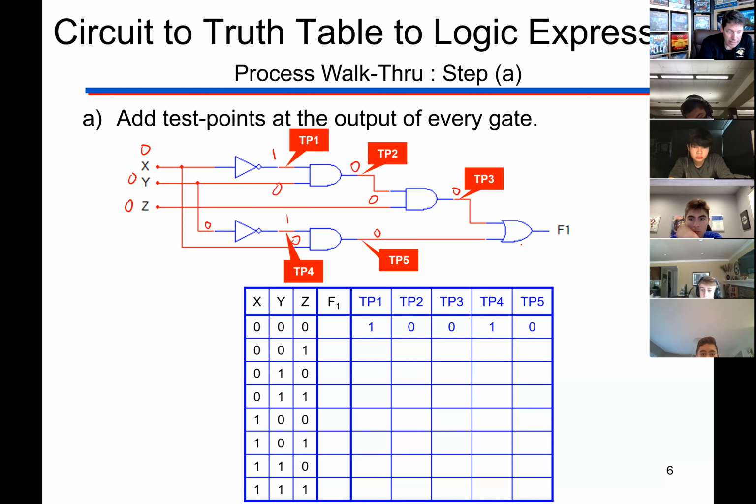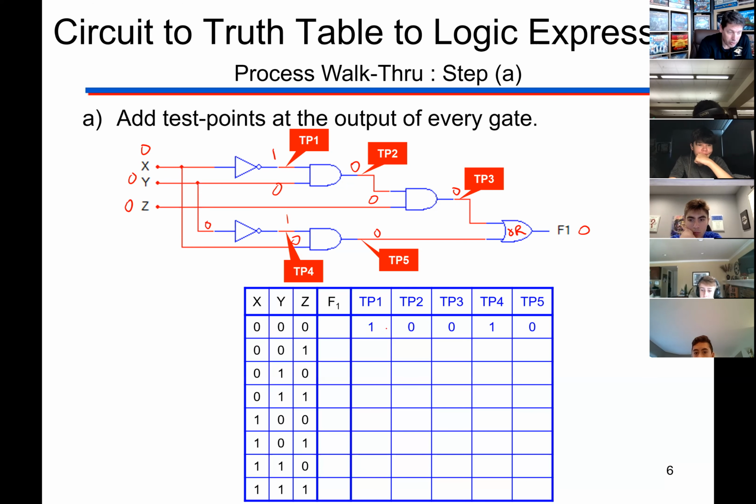Now, if we look at this final gate, this is an OR gate, right? So if either test point 3 or test point 5 are hot, if either one of them is a high, the output will be high. But in this case, they're both low, so the output would be low.